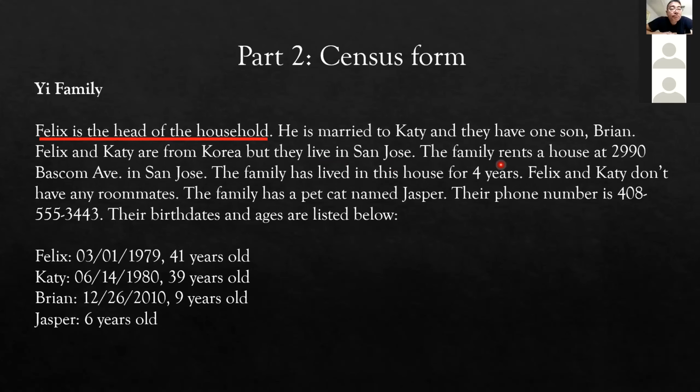The family rents a house at 2990 Bascom Avenue in San Jose. Right? The family, can you see this word? Rents.